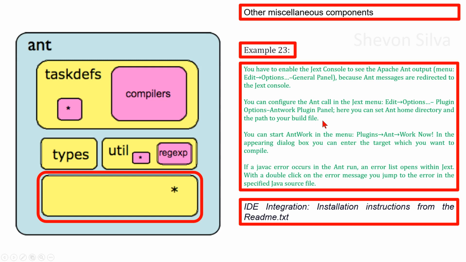Here you can set the Ant home directory and the path to your build file. You can start Antwork in the menu, plugins, then Ant, then work. In the appearing dialog box, you can enter the target which you want to compile. If a javac error occurs in the Ant run, an error list opens. With a double click on the error message, you jump to the error in the specified Java source file.